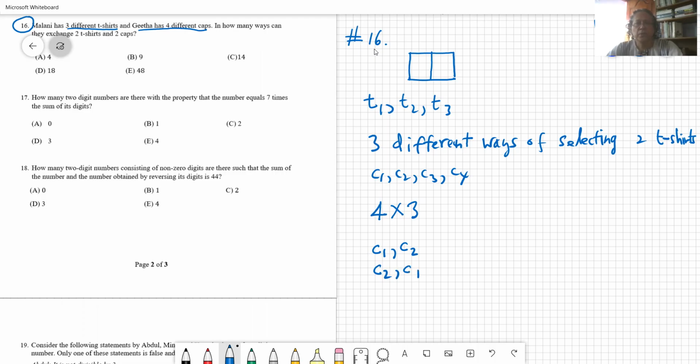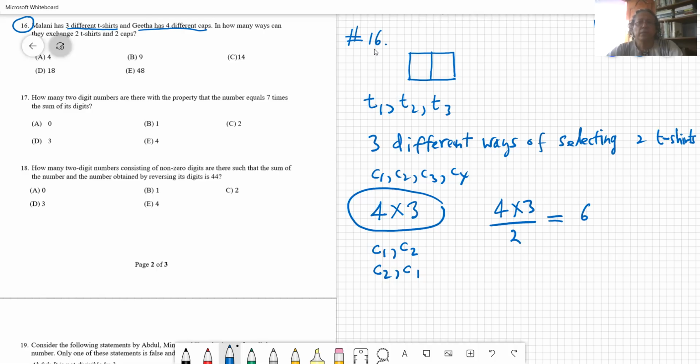So these 12 ways include 2 ways that select the same pair. So if we divide 4 times 3 by 2, we get all the different pairs, and there are actually 6.